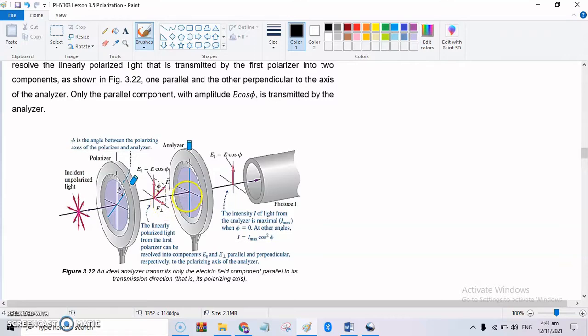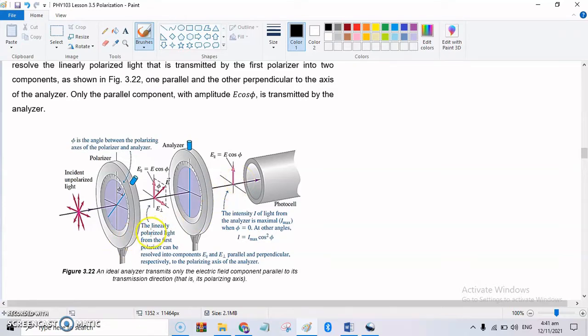But since the analyzer has a vertical line, only the vertical, or the Y component line, can pass through. Again, the same phenomenon is being used here. Whatever you filter or whatever you analyze, that is also what you will get. That is the beauty of the polarizer.